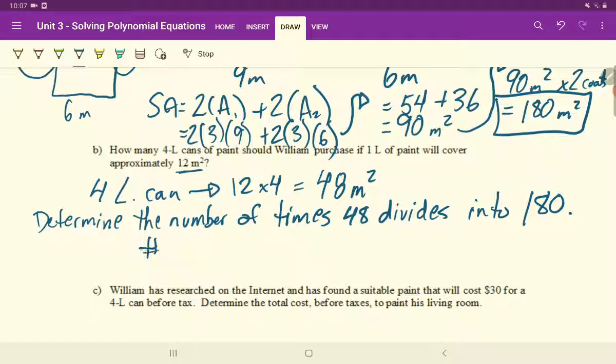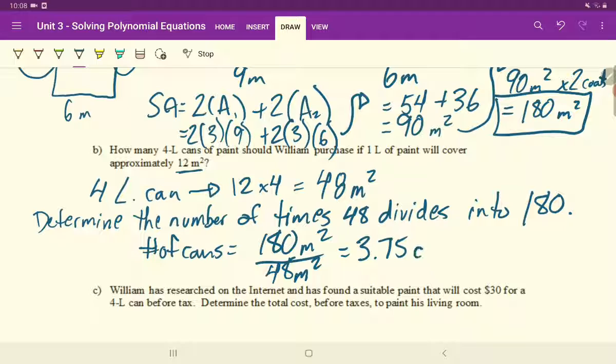So the number of cans is equal to 180 meters squared divided by 48 meters squared. Pull out your calculator. 180 divided by 48 is a total of 3.75 cans.